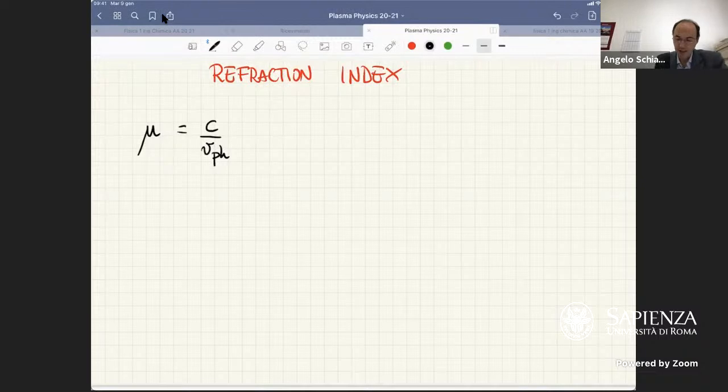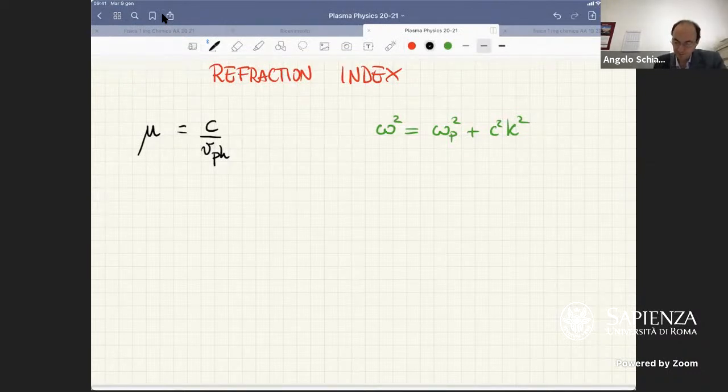So let's remember our dispersion relation: omega squared equals omega plasma squared plus c squared k squared. And let's derive from it the phase velocity and the group velocity.